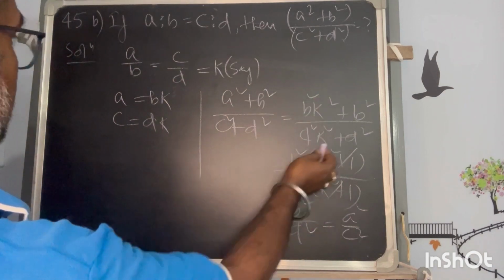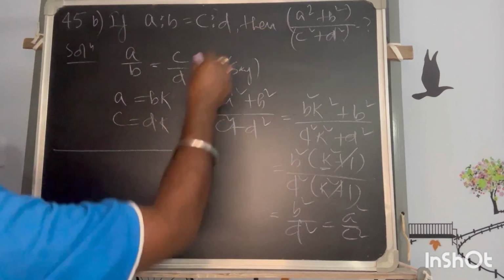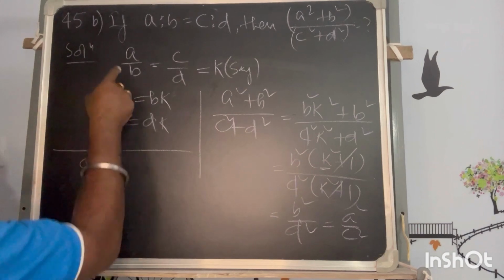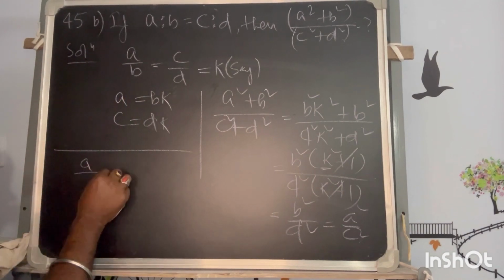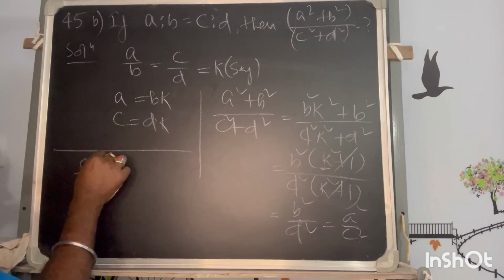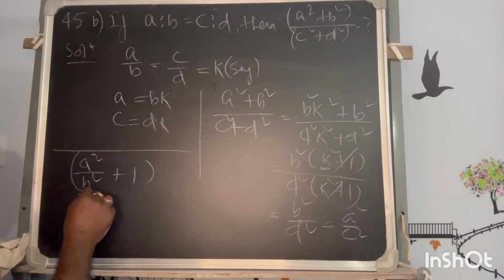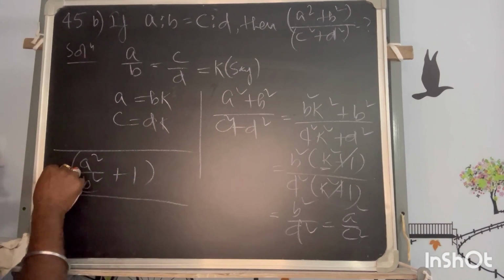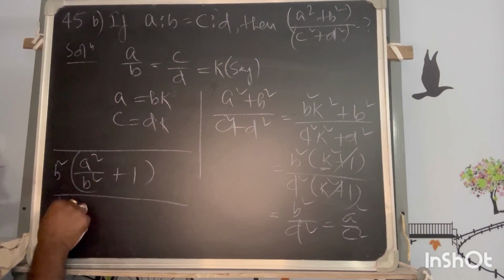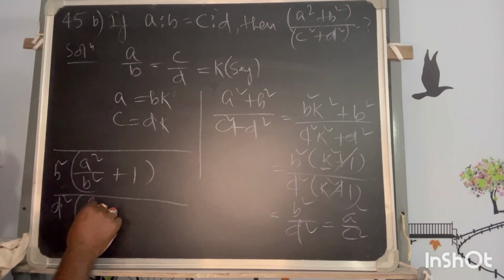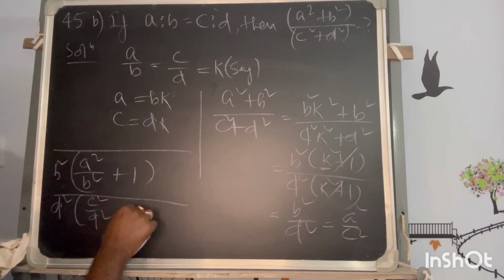This can also be done in another way, because these terms are given. We know a by b. If I divide both the terms with b square, b square will go out, and here if I divide with d square, this becomes c square by d square plus 1.